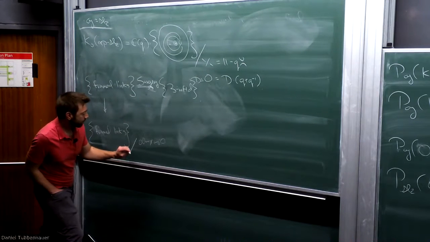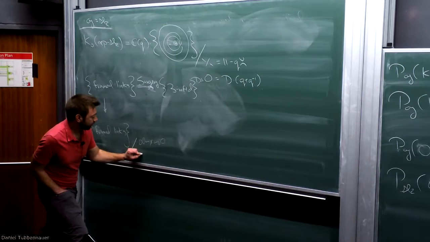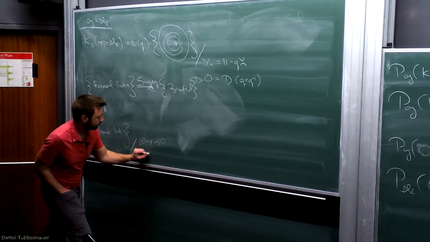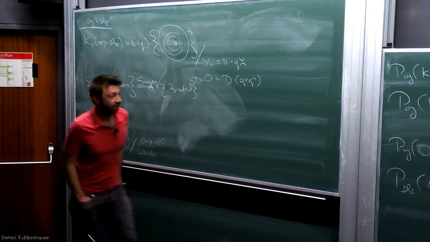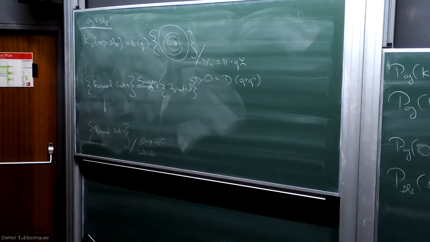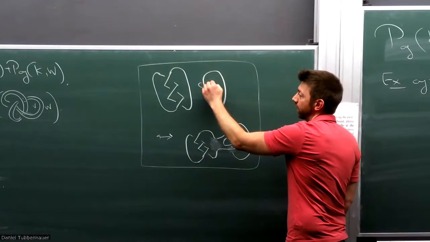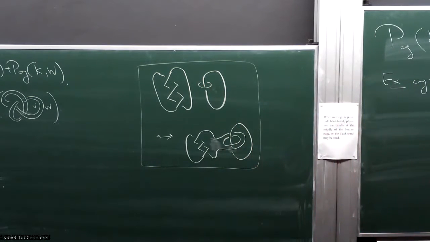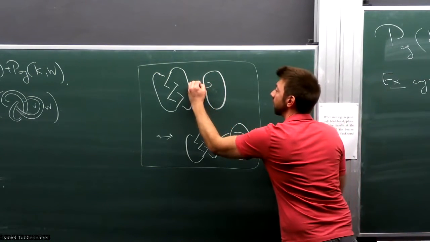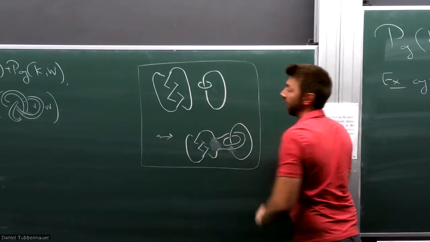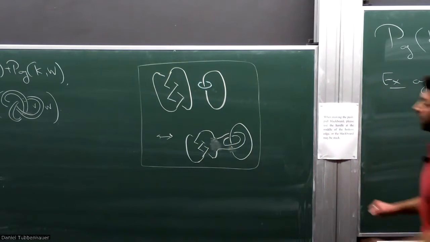And then there's another move called the handle slide move. And the handle slide move is this move. It says that I choose a component of my link, say this guy, and then I choose an arc of a nearby component.